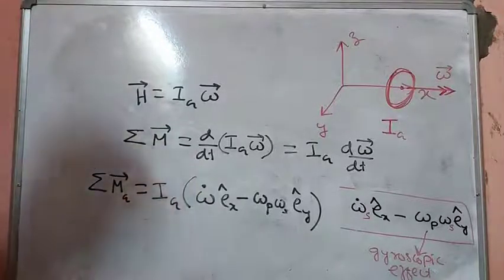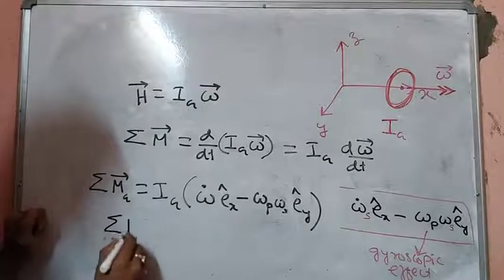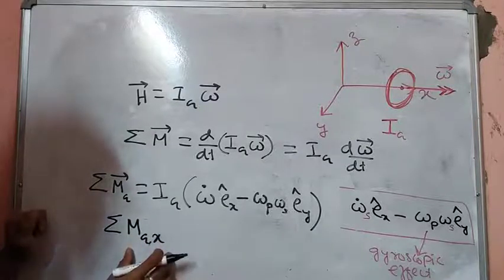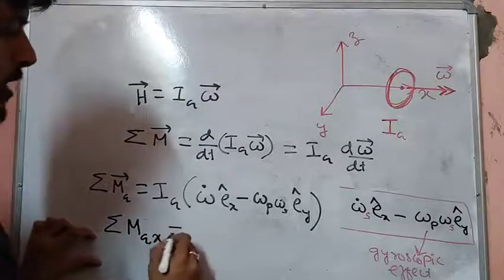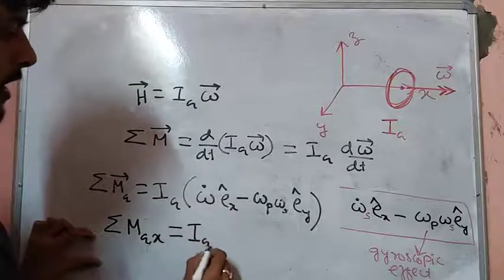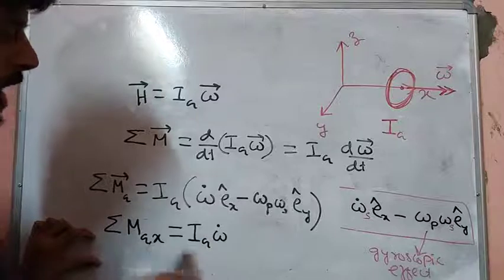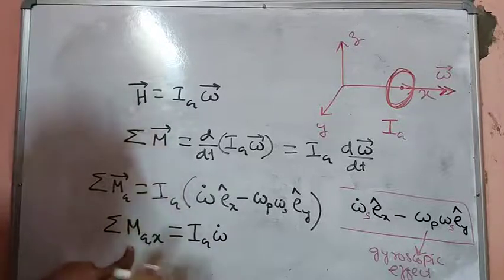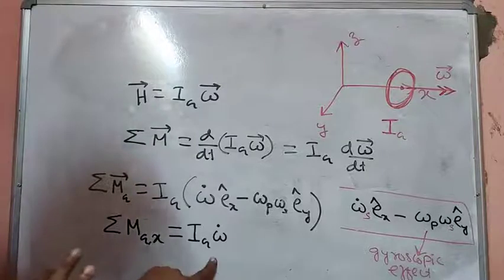What do we get? The sum of all external moments about the center of mass along the x-axis is Ig times omega dot, I alpha basically. The net sum of all external moments is equal to I alpha. This is basically the equation.